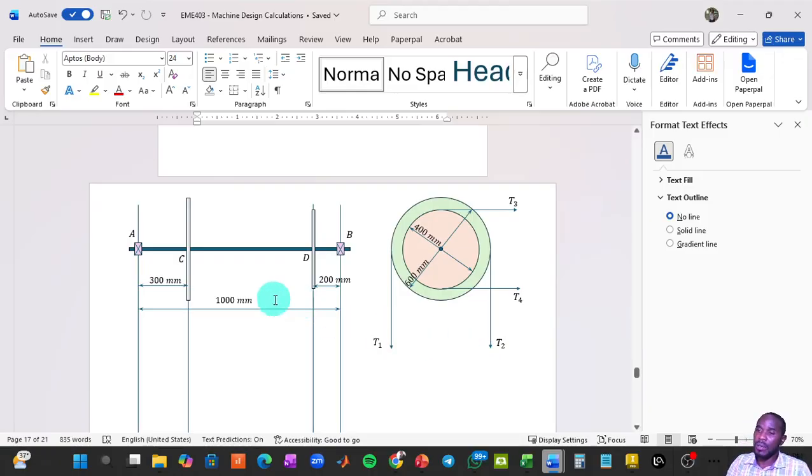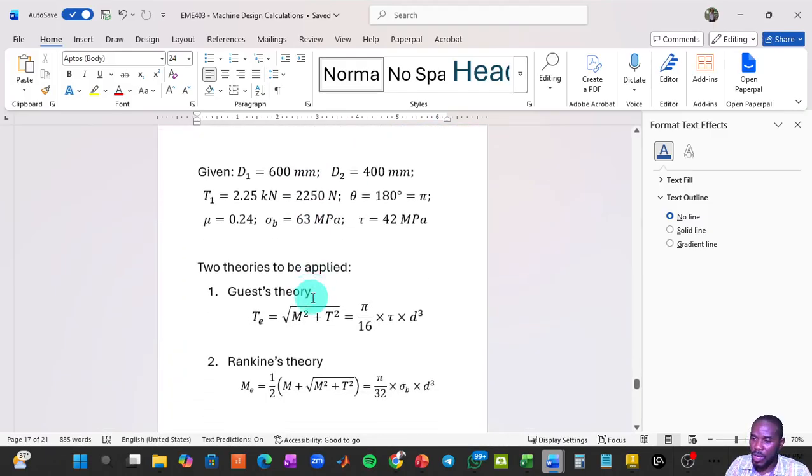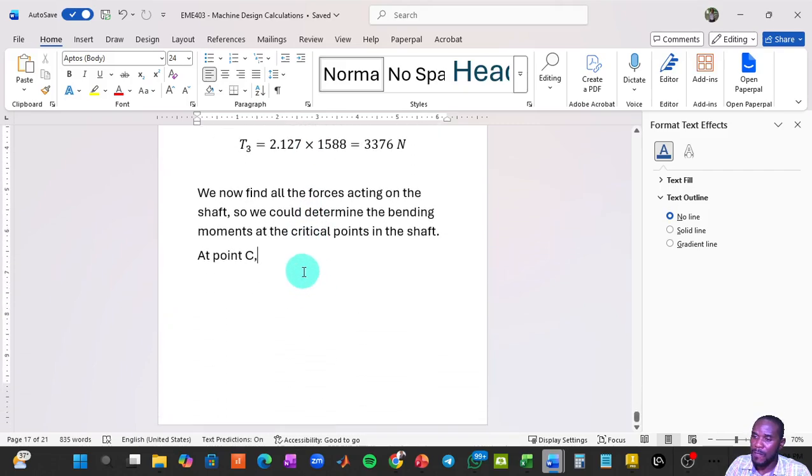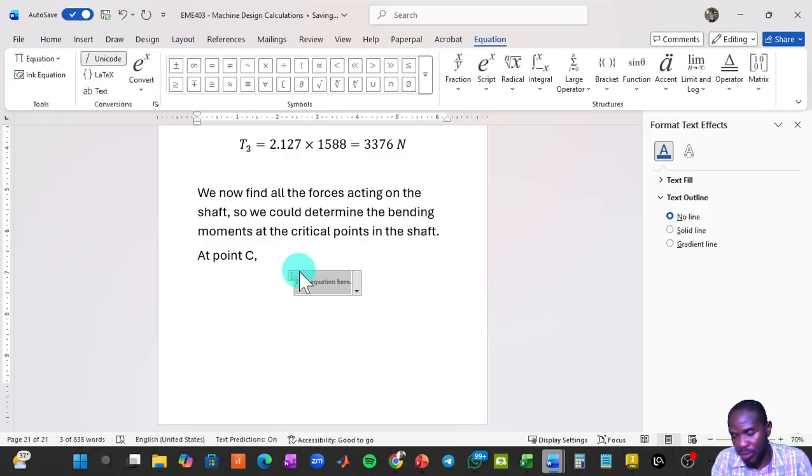Okay, so let's note what happens at point C. I'm going to use F to represent the forces, the vertical forces.